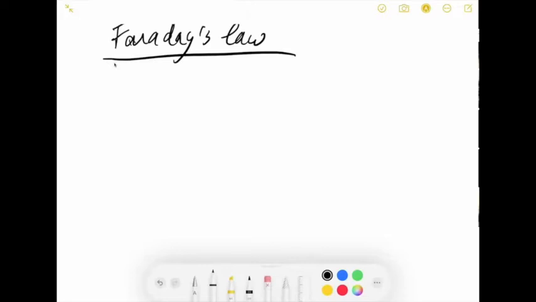There's a whole realm of devices that are built on this principle, and of course, at its heart is the curl of E.